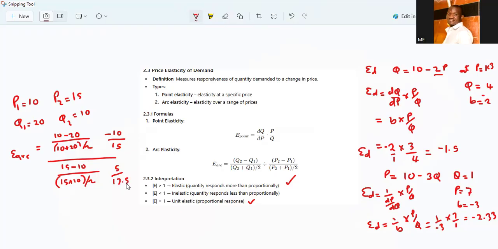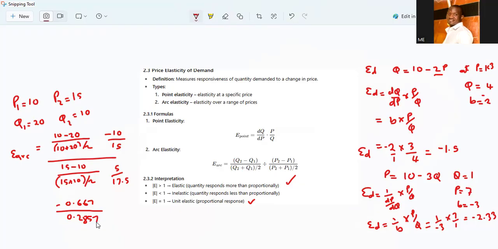So 10 over 15 is negative 0.6667. Then 5 divided by 17.5 is what? 0.2857.